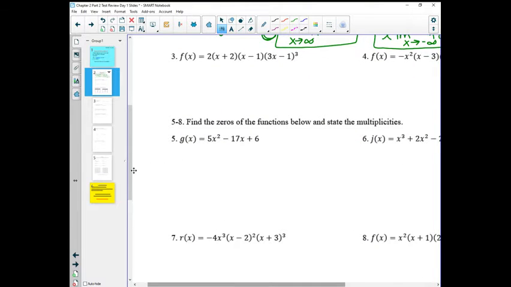On question 3, to find the degree, you'll see that as we look at the function, it's already been factored for you. So to find the degree, I'm going to add all the exponents together. 1 plus 1 plus 3 makes 5. So this function is an odd degree because 5 is an odd number.